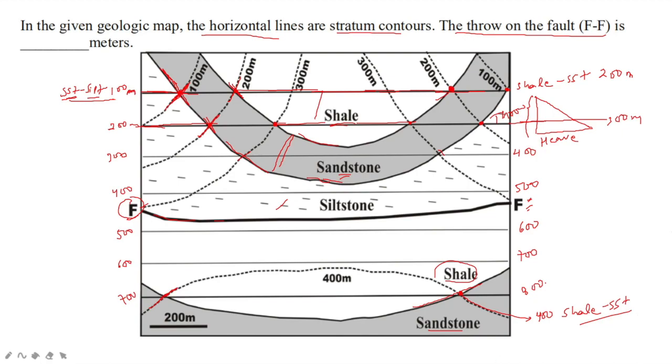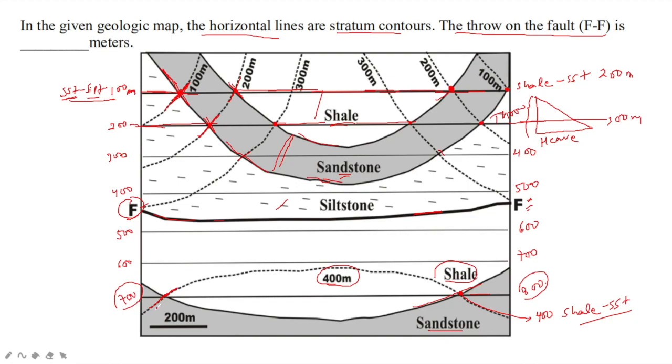So the bedding plane, which should have been at a height of say 700 or 800 meters, is now at a height of 400 meters due to the faulting. It has come down from a certain height to 400 meters, which is the current situation here.